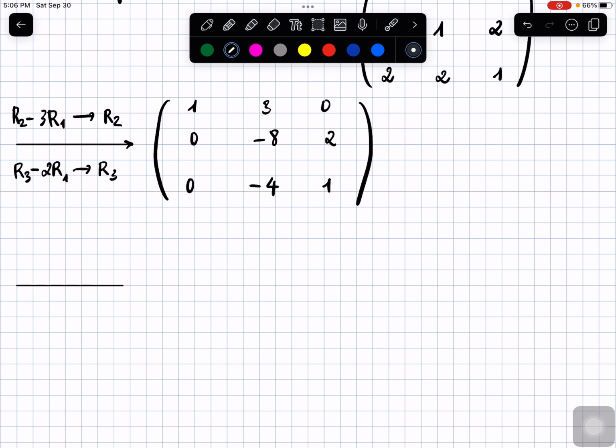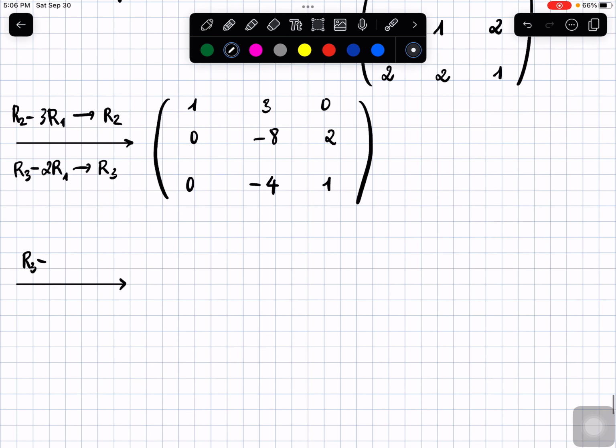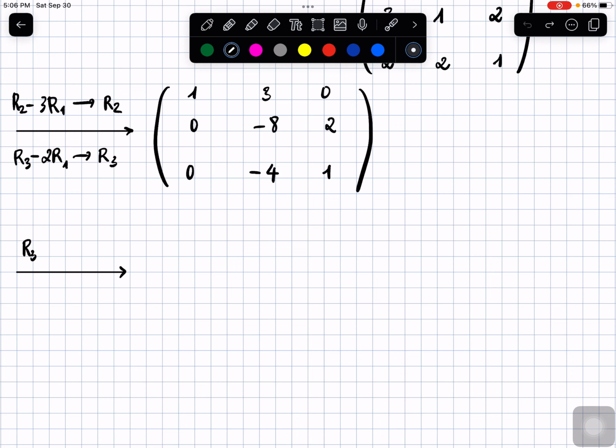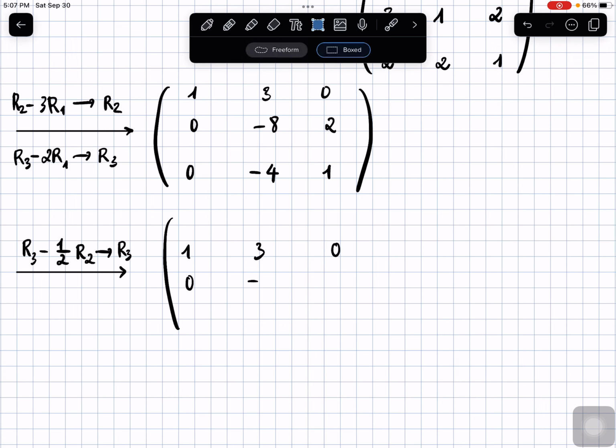And the last part, row 3 minus a half of row 2. Row 3 becomes 0, 0, 0, 0. We don't need to reduce it.